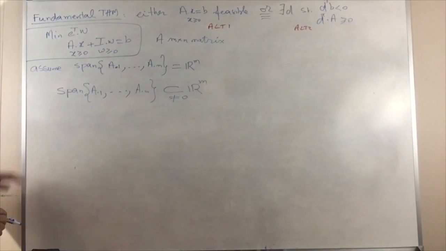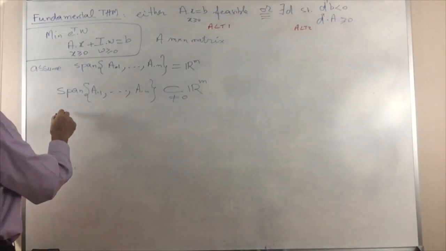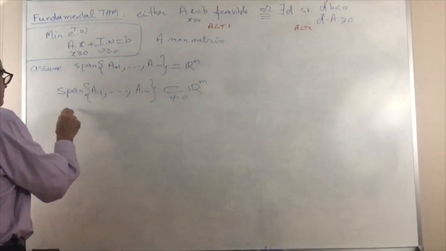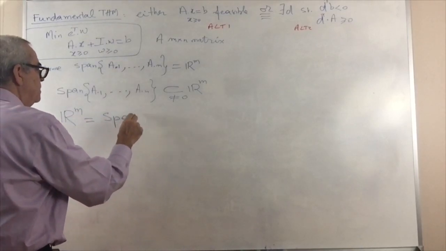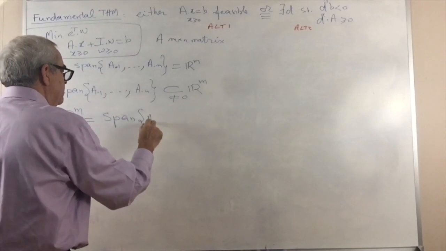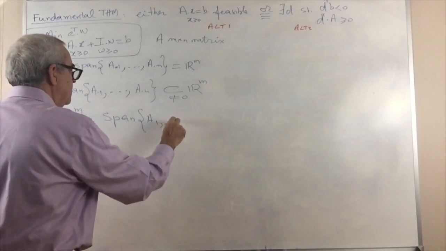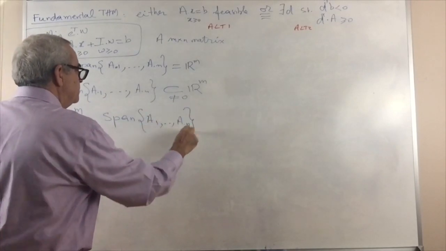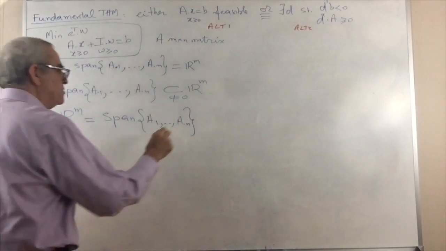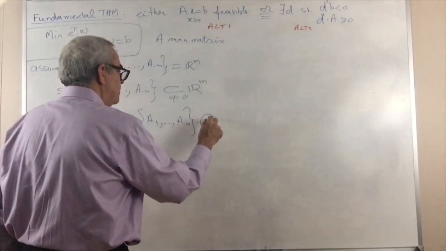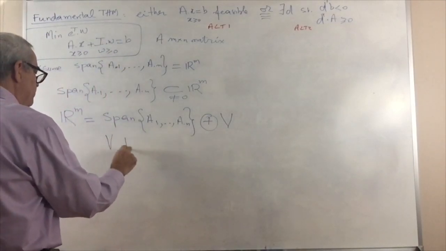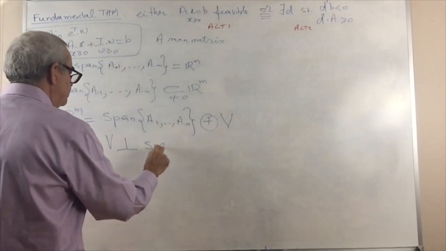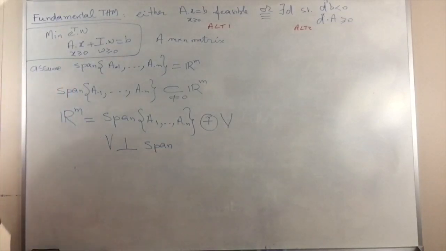Okay, let's assume that. Then I'm going to write Rm equal to the span of A dot 1 through A dot n, plus a vector space V, where V is perpendicular to the span. All right, I can do that.